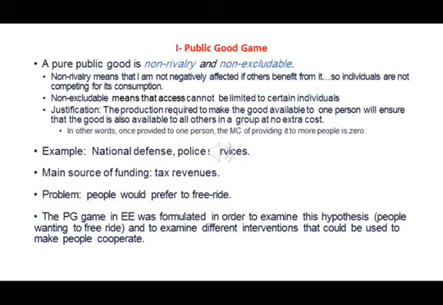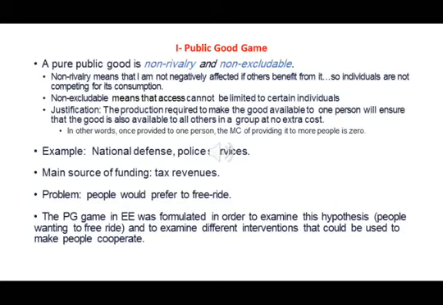Okay? That's why there is no rationale for excluding people from consuming this pure public good, because there is no extra cost from making them consume it. And if you remember, these pure public goods could not be provided by the private sector, because the private sector needs to put a price for any good, and these goods cannot be priced.